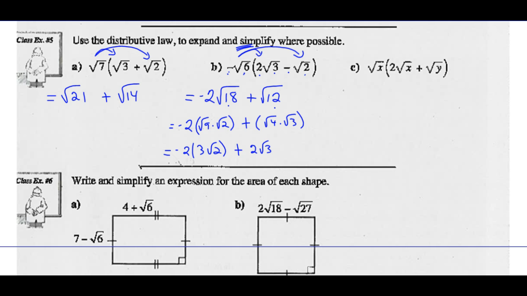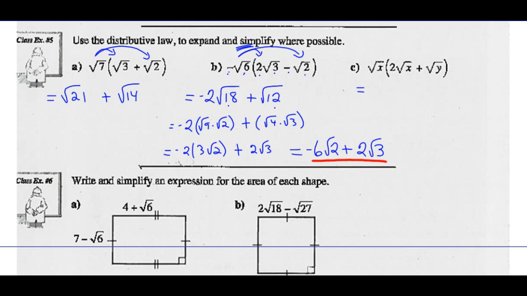And last but not least, I'm going to expand this last term. Negative 2 times 3 root 2 is a negative 6 root 2 plus 2 root 3. Now we learned last day we can't add those together because they are unlike radicands, so that's as far as we can go.